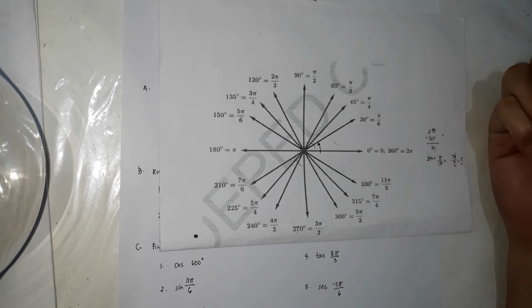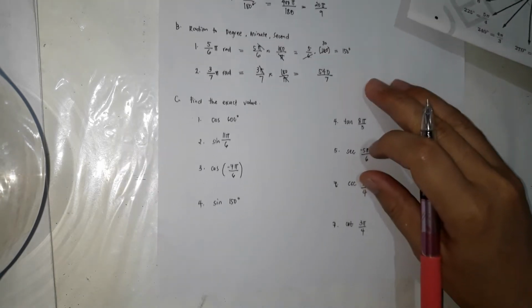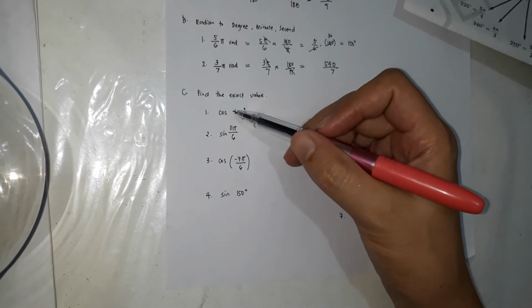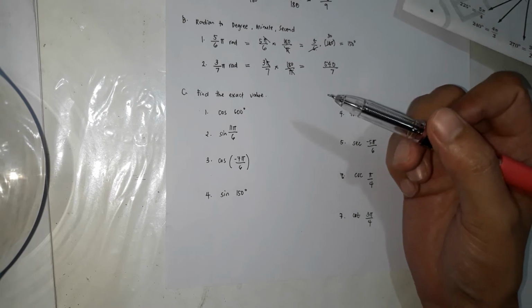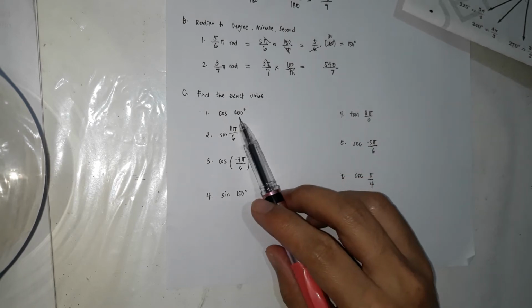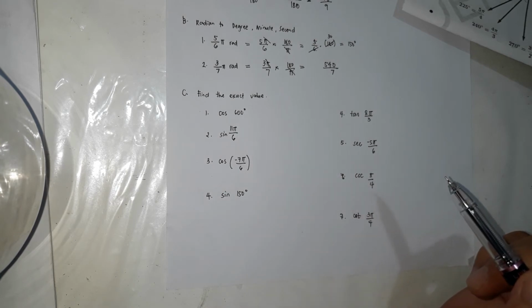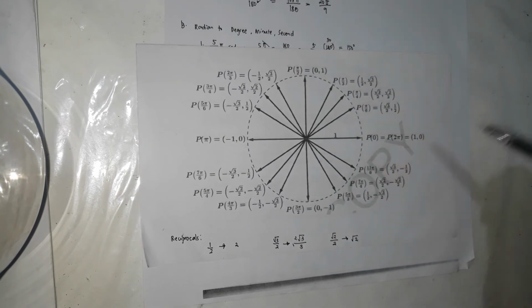So that's the conversion. Now we're going to find the exact value. What's the value of this cosine? So what's the value of these circular functions? Cosine 600. For you to find out the values of that, you're going to know first this one.